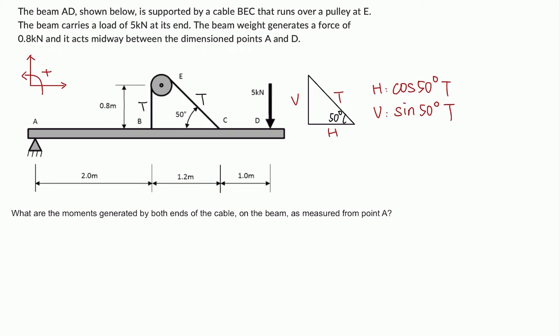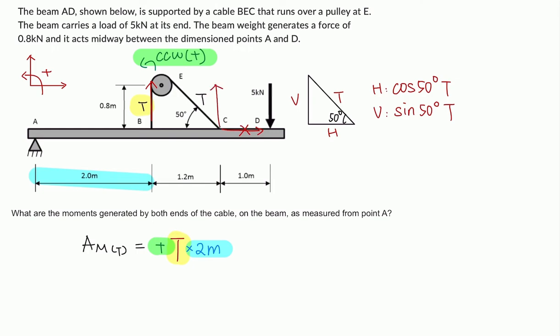T. We can now write the moment about point A as AM and T because this is the moment generated by tension, and this will equal the left part acting upwards creating a counterclockwise moment, which we will write as positive times the force T here times the distance 2 meters. And for the right part, the horizontal component is passing through point A, therefore no moment will be created.